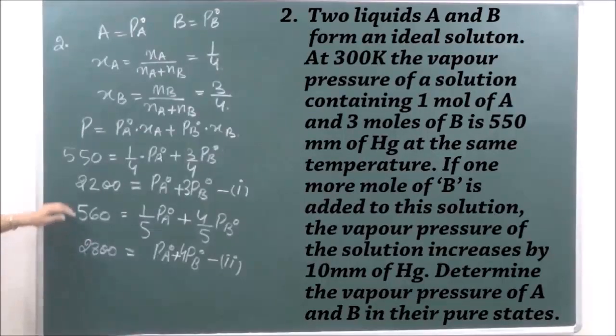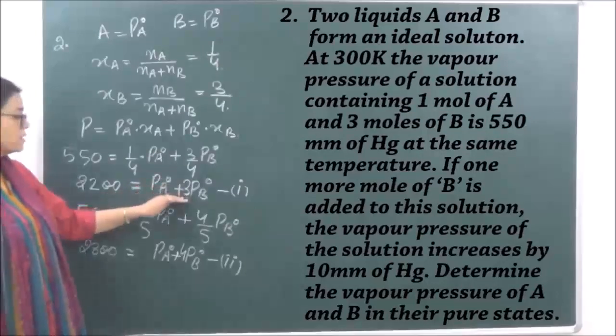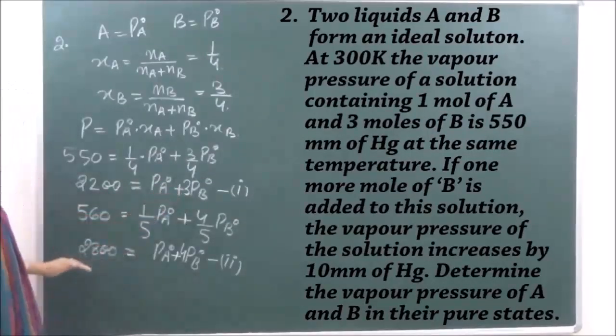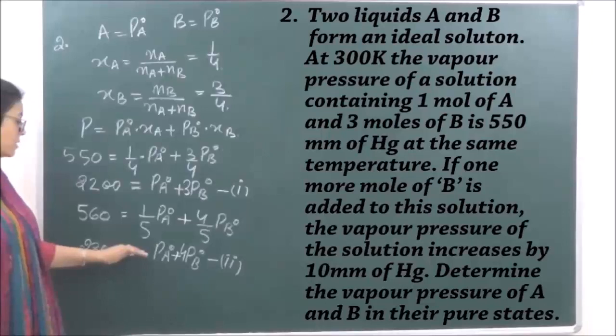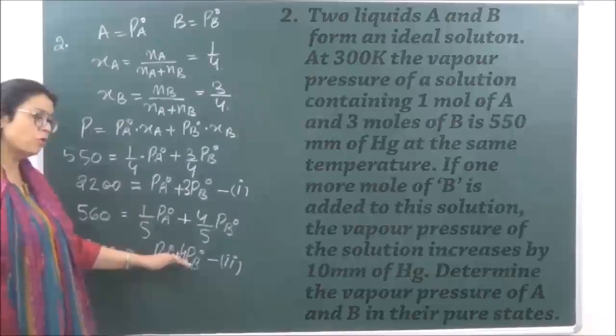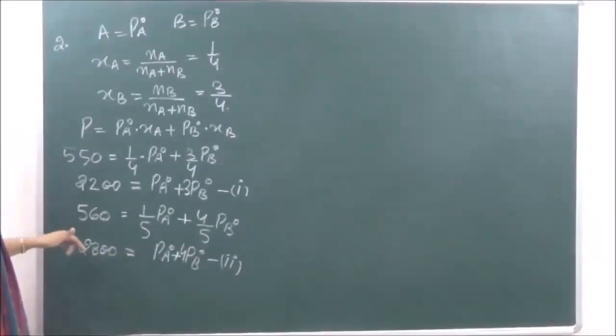Now, the first equation is 2200 equals PA naught plus 3 PB naught, and the second equation is 2800 equals PA naught plus 4 PB naught. Let's subtract equation 1 from equation 2.